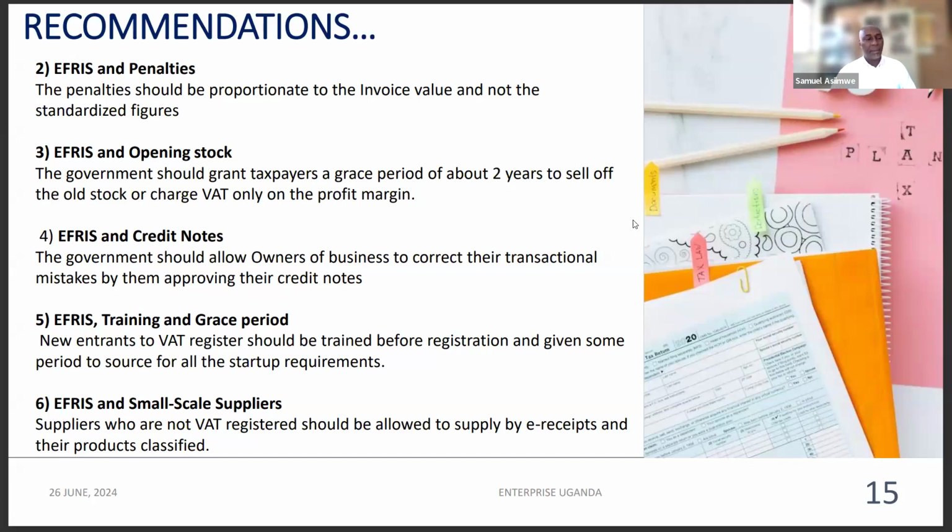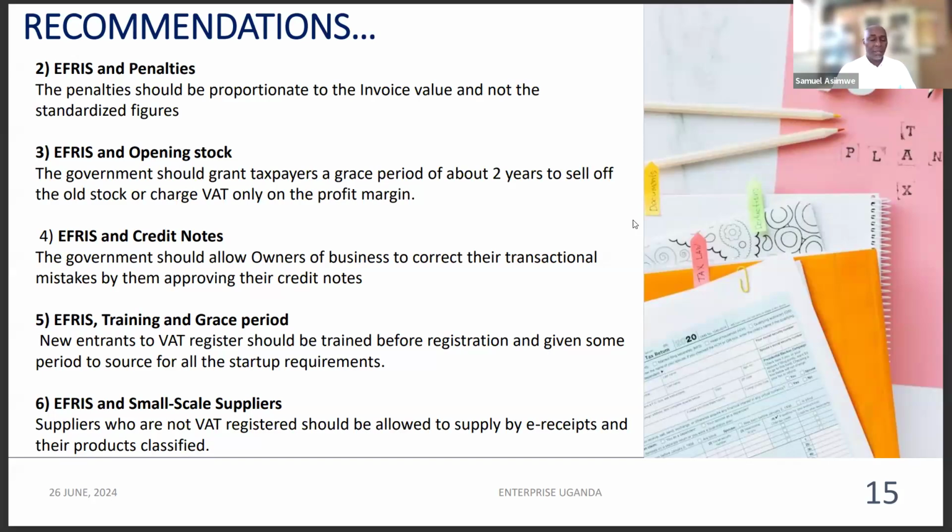The fifth recommendation is about the training, the grace period to the new entrants. When someone voluntarily registers for VAT, let him be given training before. Let there be training before registration.